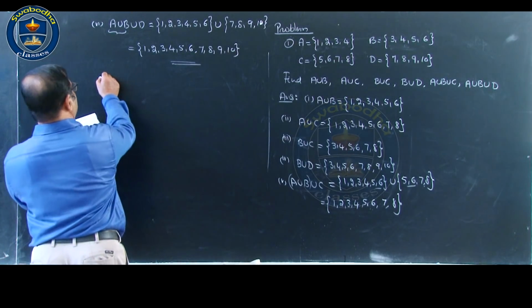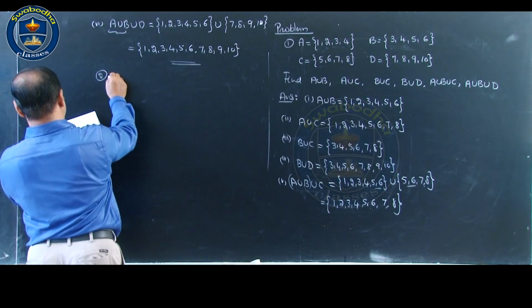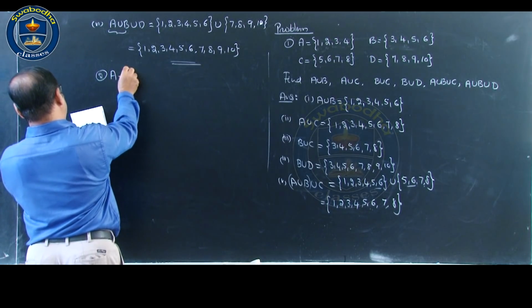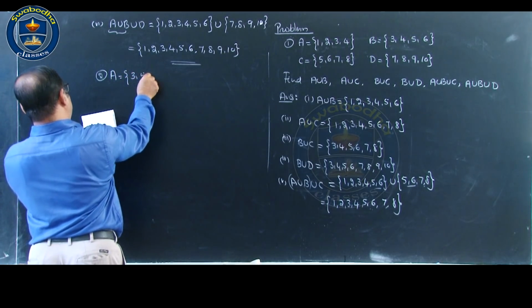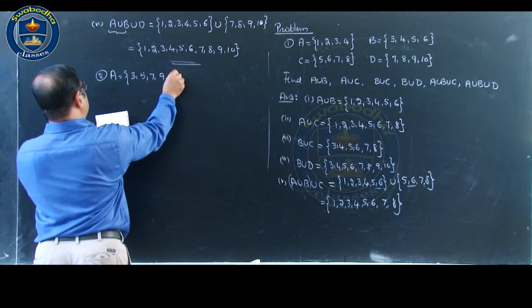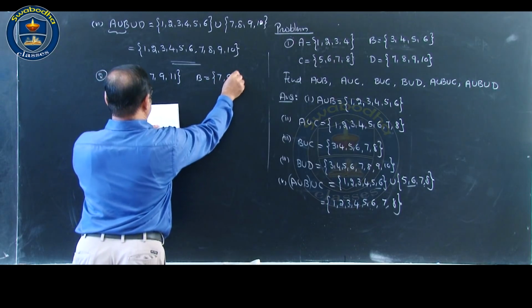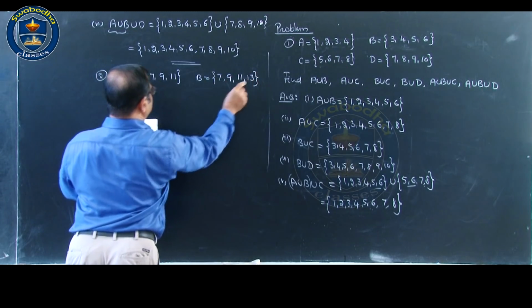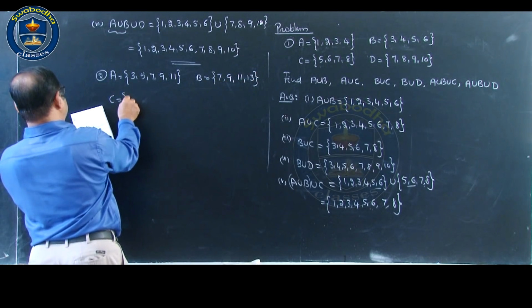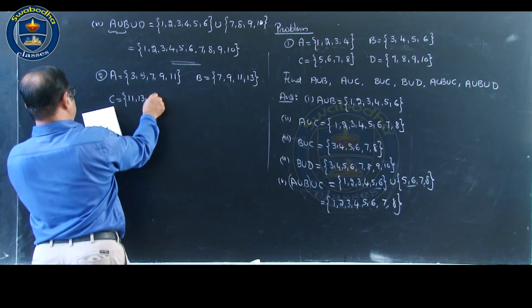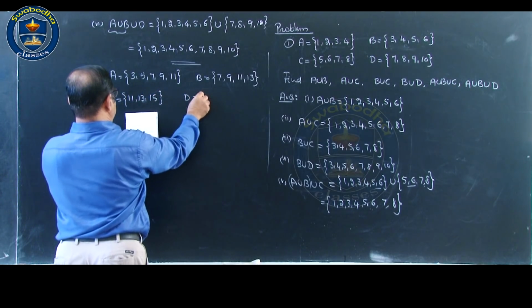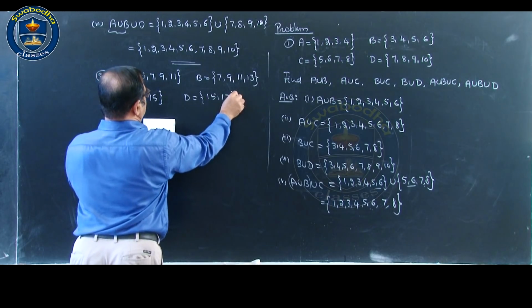Next, I'll write another example. A is equal to 3 5 7 9 11. B equal to 7 9 13. C is equal to 11 13 15 15 17.